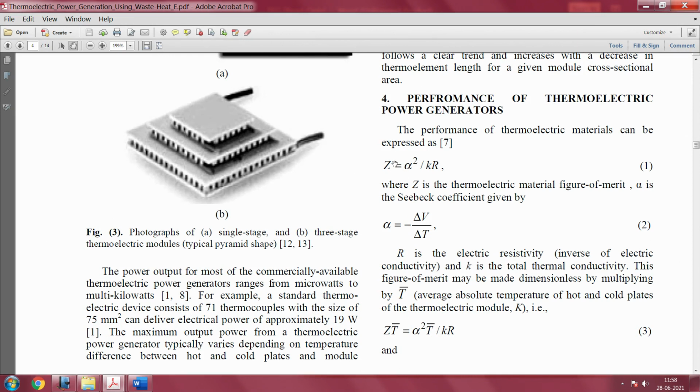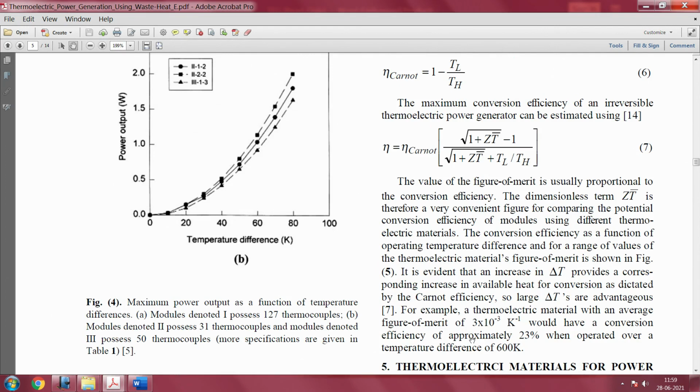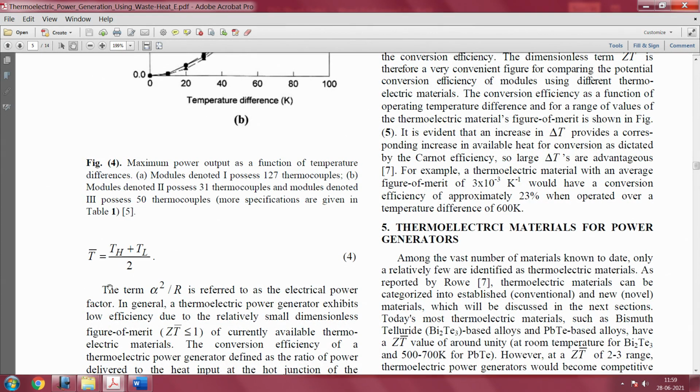So this expression 1 becomes 3 in this form. Okay. ZT dash is equal to alpha squared T dash divided by KR, and T dash itself is what? Very simple, hot side plus cold side divided by 2, which is the average.